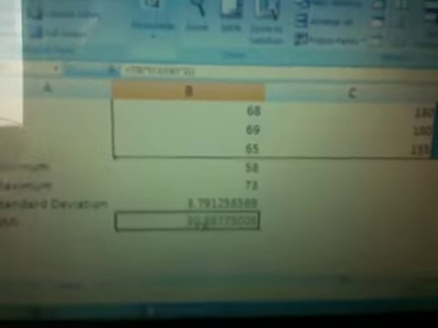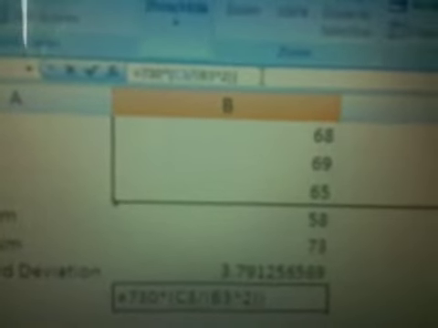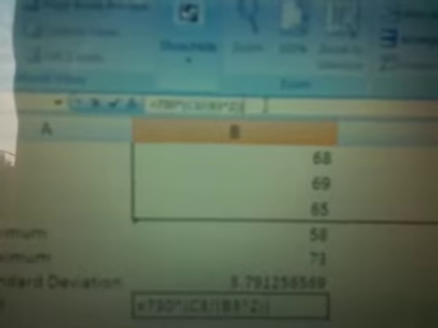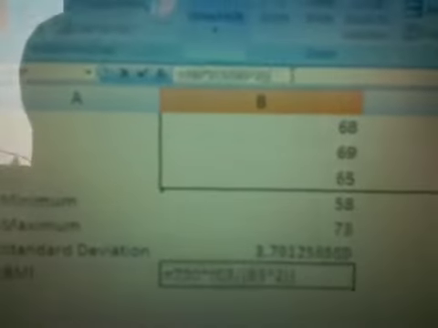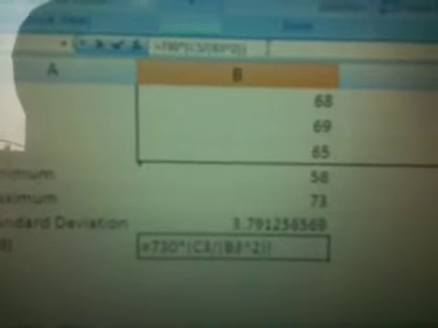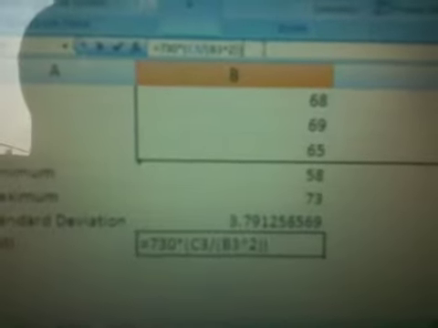So now clicking back on here, if you go back up to the top, I'm actually going to write this out on the piece of paper for you because it's really blurry. I don't know why, again, my camera can't focus on it, but equals, I'm writing it out right now so you know what I'm doing. C3 divided by, see, I need to look away, C3, I can't even tell looking through my camera, B3 caret top 2.